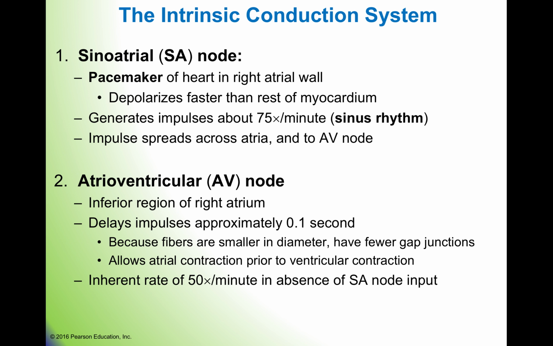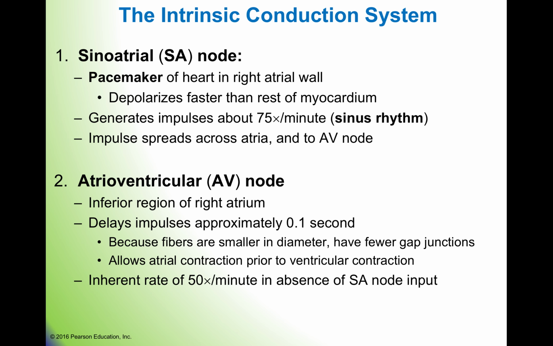So when the SA node is spreading through the atria, that means that the atria are going to contract. So the superior part of the heart is going to contract because you have the SA node creating the electrical impulses. That delay ensures that the atria contract first, and push all the blood down to the ventricles.